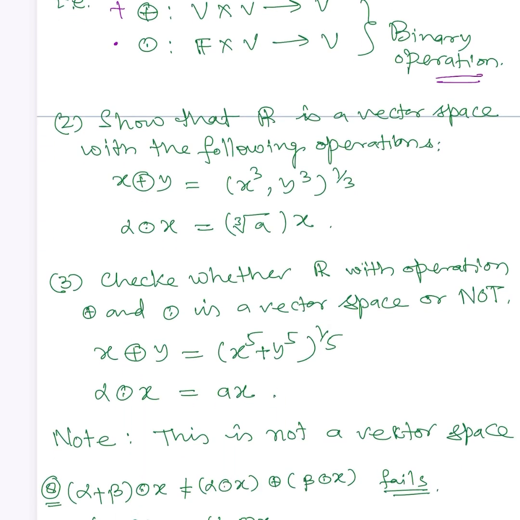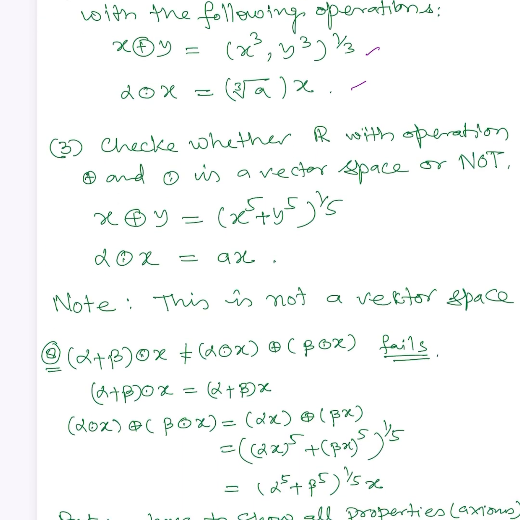Another example: show that R is a vector space with the following operations. This is also an unusual way, right? So now you have to check all the properties, whether this is a vector space under the usual addition and the unusual scalar multiplication or not.